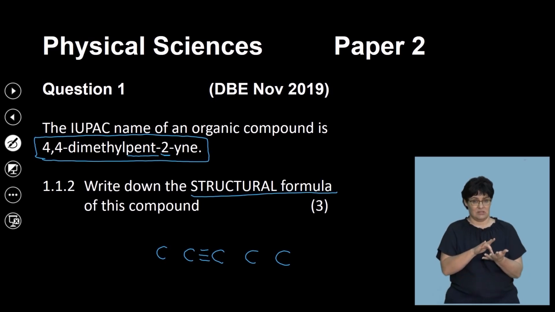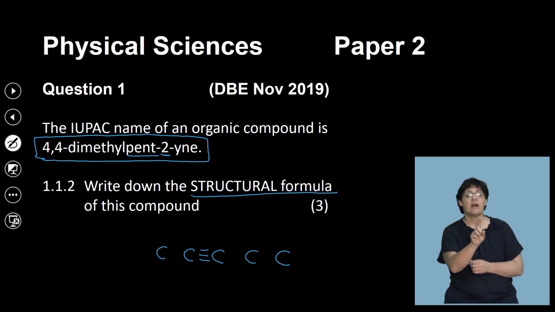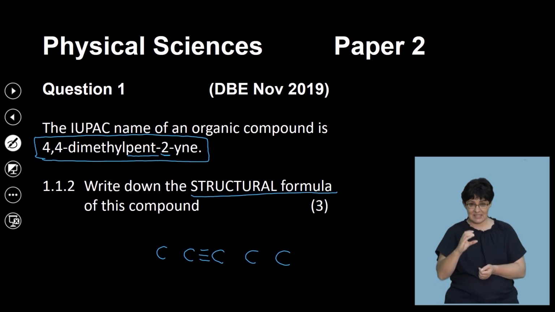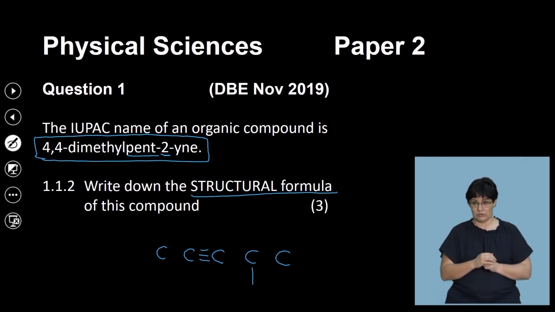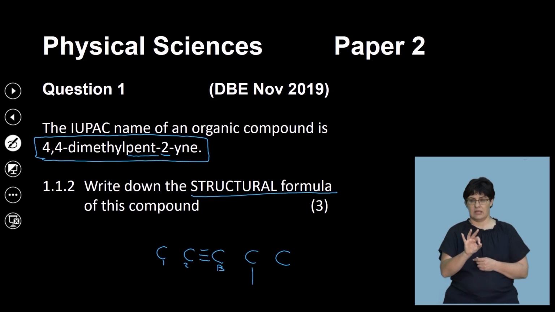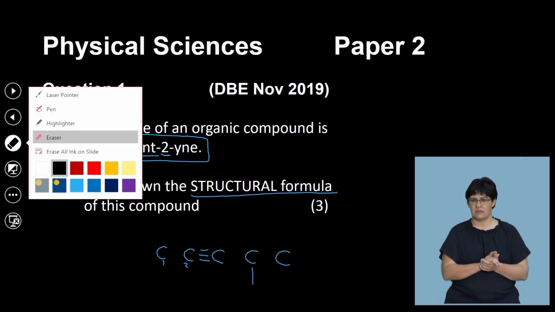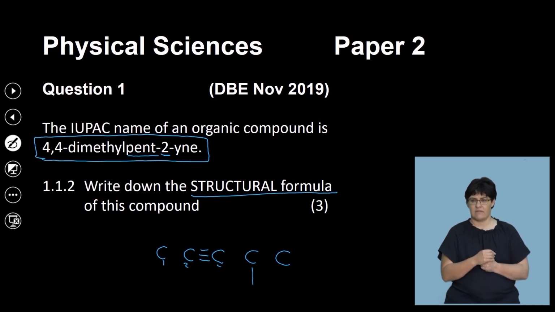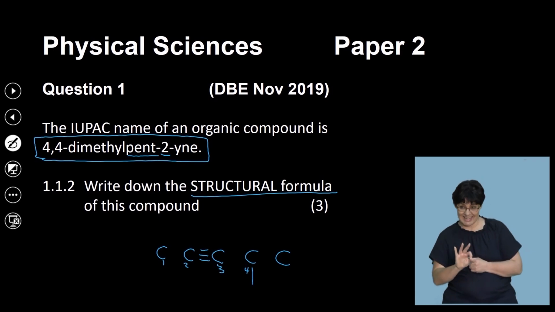But remember, again, each carbon atom must have 4 bonds around it, as we know from the periodic table, okay? So on carbon atom number 4, we've got 2 methyl groups, okay? Then obviously this will be our 1, this will be our 2, this will be our 3, just to label that correctly. So this is carbon atom number 3, that's 4, that's 5.